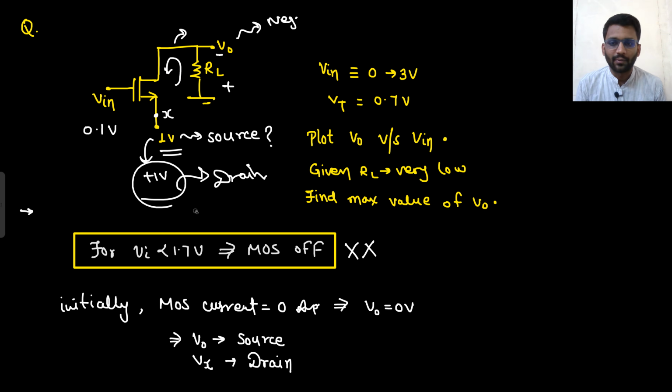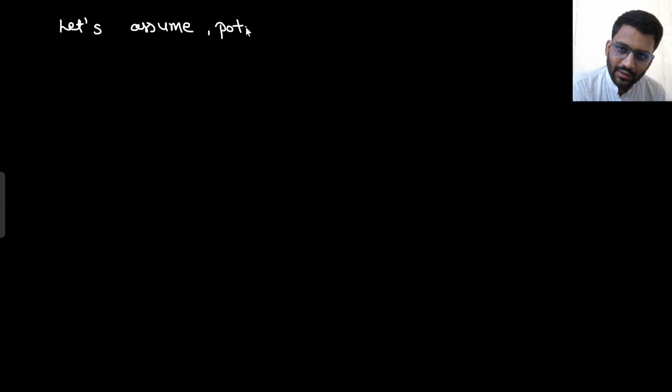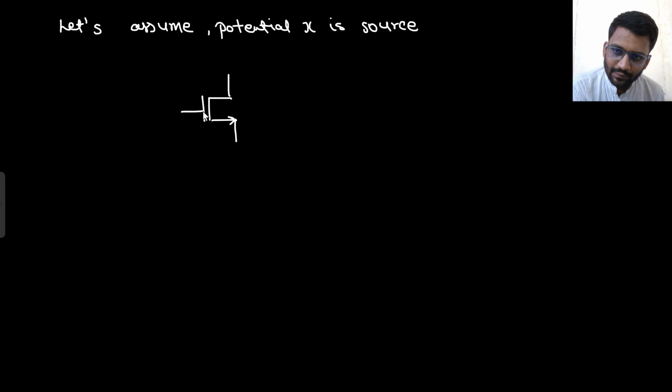So this is what we are going to write now. So let's assume potential X is source. So we'll draw the circuit once again. This is the potential X which is at 1 volt.